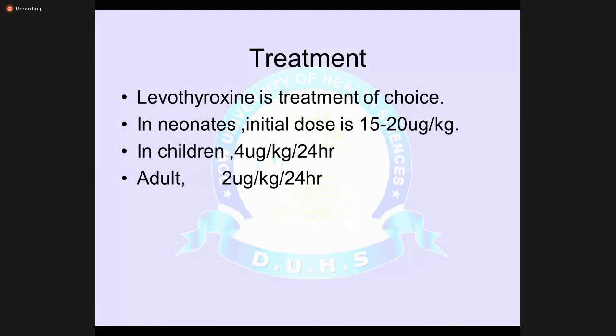Now you know that you have to calculate with a dose of 4 microgram per kilogram per 24 hours. As the child's weight is 12.5 kg, you multiply 4 with 12.5, and that will give you 50 microgram. So again, you will say, okay, yes, your child has hypothyroidism, and I am starting this medication at a dose of 4 microgram per kilogram per 24 hours.